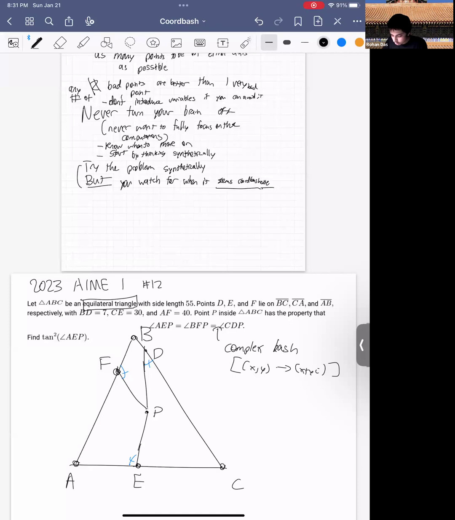Because of this angle condition, right now it is hopeless to coordinate bash. So let's just try to solve this problem synthetically. We have these equal angles, and let's say they're all theta. Since the sum of the angles on a line is 180, angle AFP is 180 minus theta.